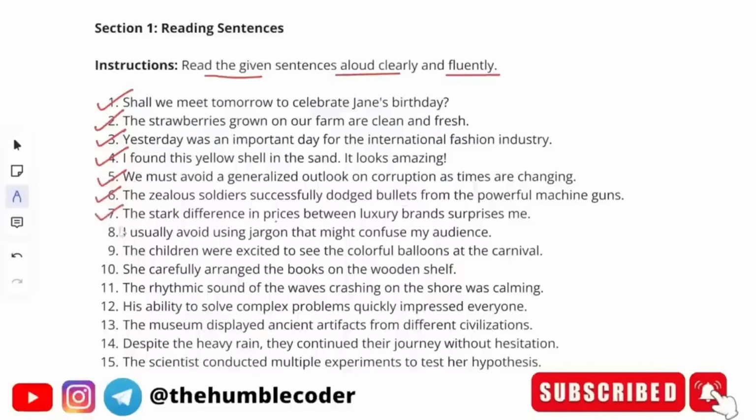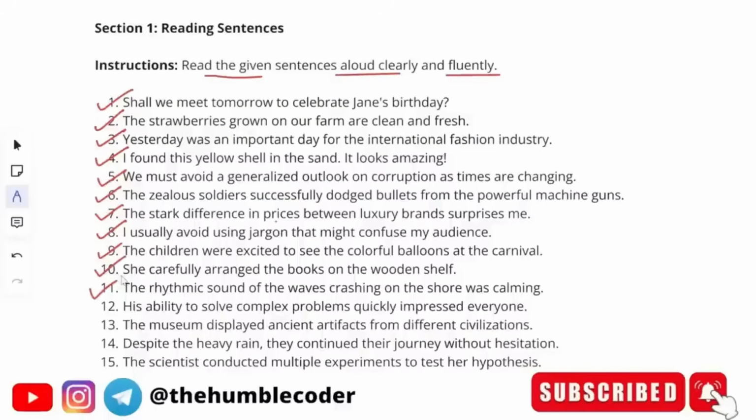Seventh sentence, the stark difference in prices between luxury brands surprises me. Eighth, I usually avoid using jargon that might confuse my audience. Ninth, the children were excited to see the colorful balloons at the carnival. 10. She carefully arranged the books on the wooden shelf. 11.